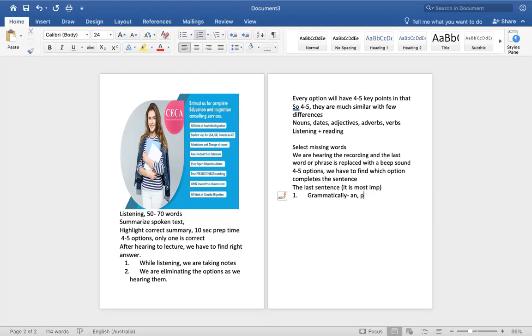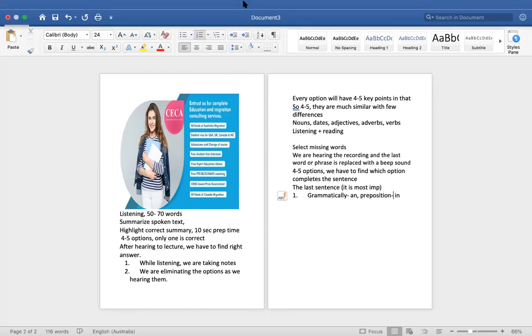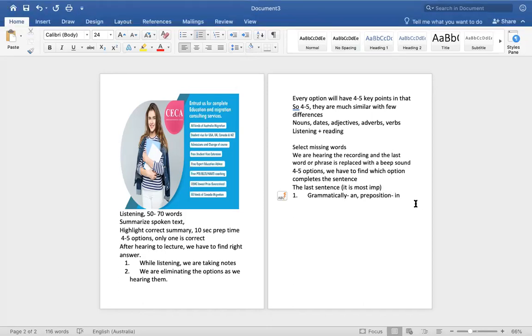Second, the preposition. Suppose there is a use of the preposition in. There are 4 options, and I know only one of them can be used with the preposition in. The same applies to many other prepositions, like on. And then connectors.